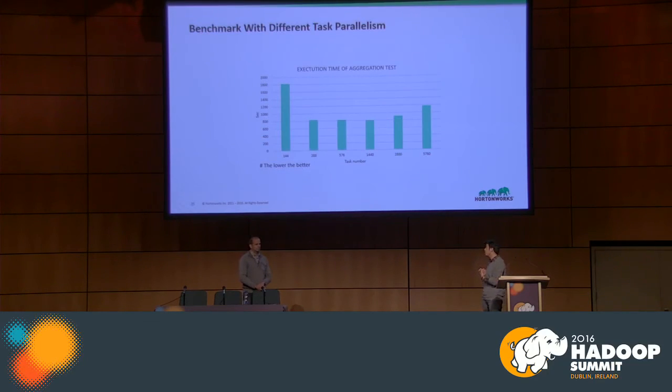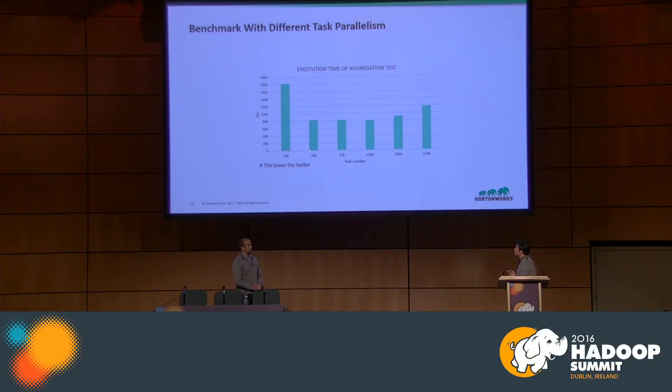Now let me show you a benchmark result of different task parallelism. And actually here we also choose the aggregation workload to run the benchmark. This aggregation workload actually has the data skewing problem. So as you can see, if we choose a small task parallelism, like here 144, the processing time is quite large.